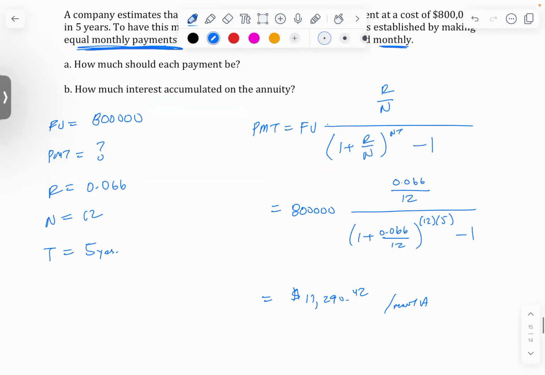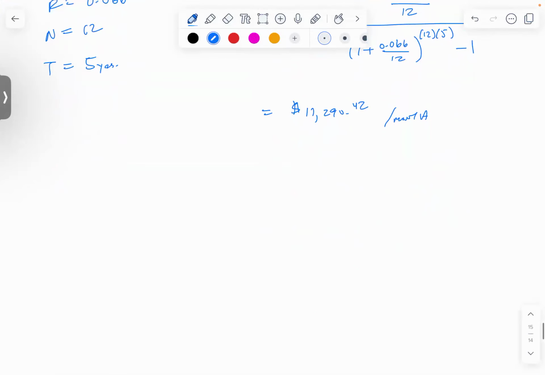Now, here's the interesting one. How much interest is accumulated on this annuity? So we know that we resulted in $800,000. So in order to actually find the interest, that's our $800,000. That's what we ended up with at the end of 5 years.